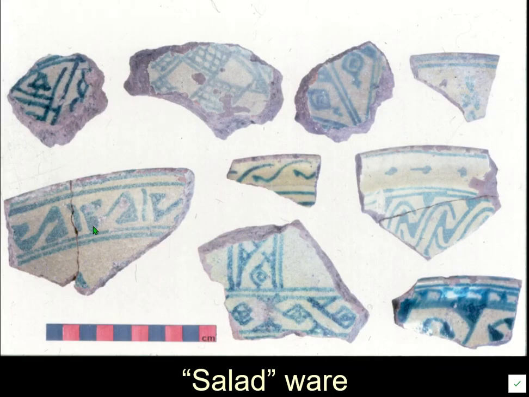This is a type known as salad ware. This was named by Ed Keel, who directed the project, and being English, his idea of a salad is an English salad, which typically, English salads are disgusting things with very wilted dark green lettuce.